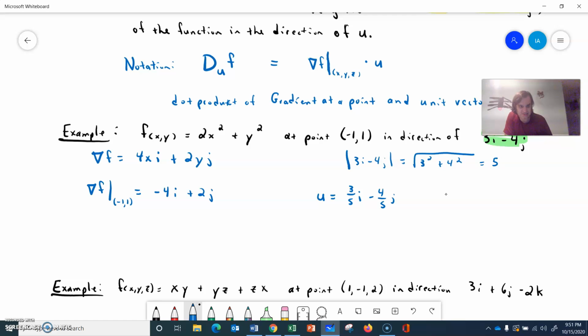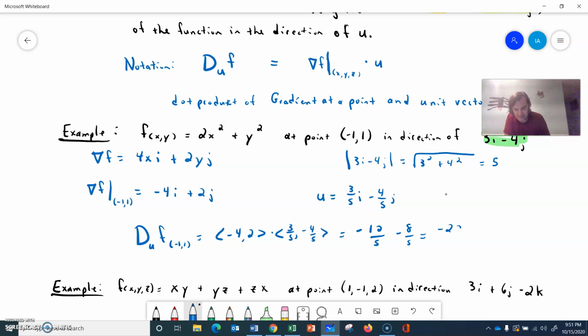So we've got f at a point and we've got a direction. So we're going to say D sub u f at this point is going to be the dot product of negative 4, 2 with 3/5, negative 4/5. That's going to give me negative 12/5 minus 8/5.